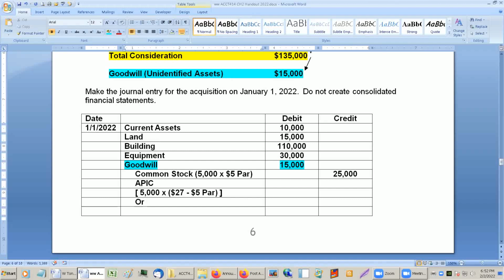Or just the 5,000 times the additional paid in capital, which was $22 per share. And that would be the... Oops.